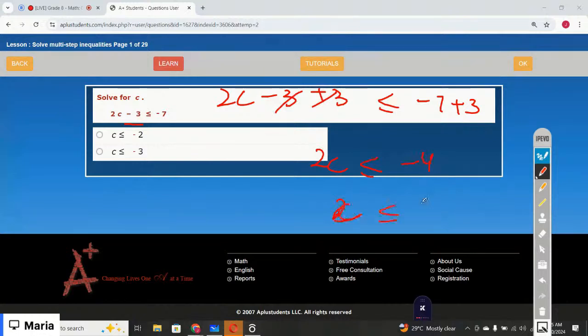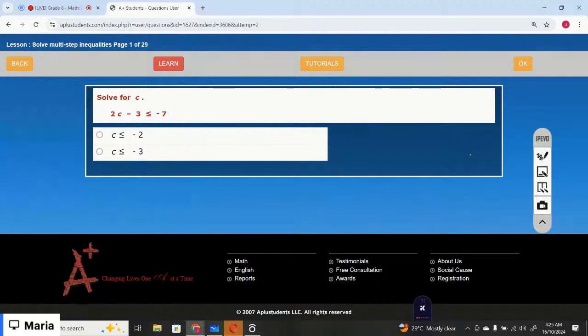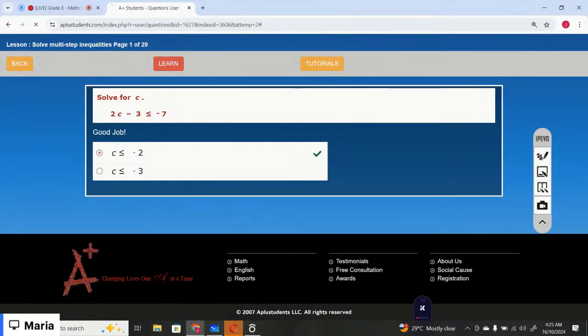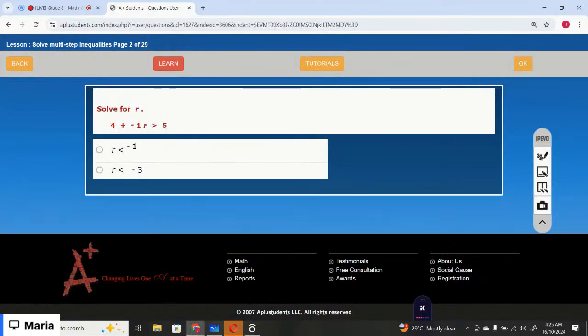So that is c is less than or equal to negative 2. Option number 1 is the correct option, right? Solve for r. 4 plus negative 1 r is greater than 5. So which is the correct option?